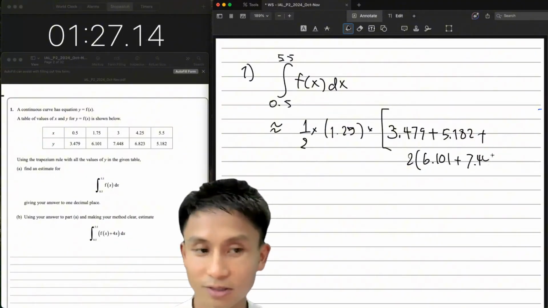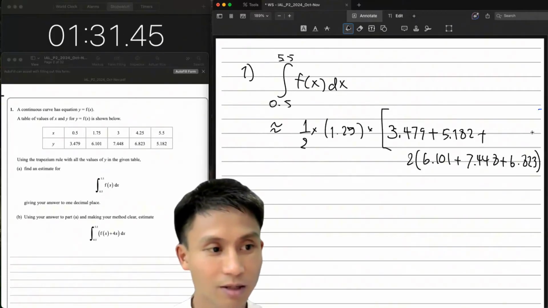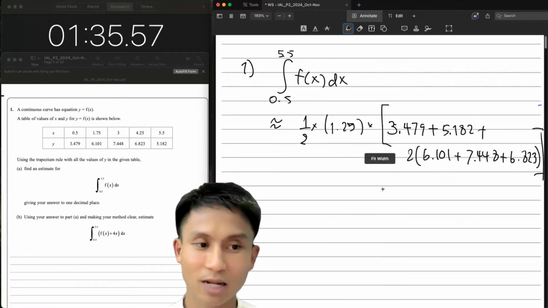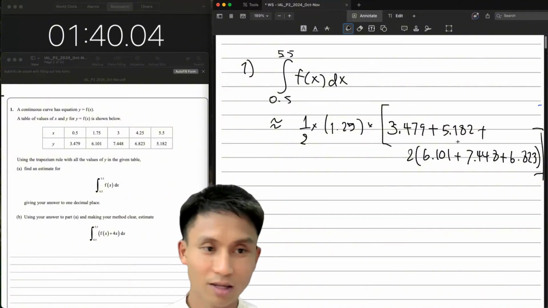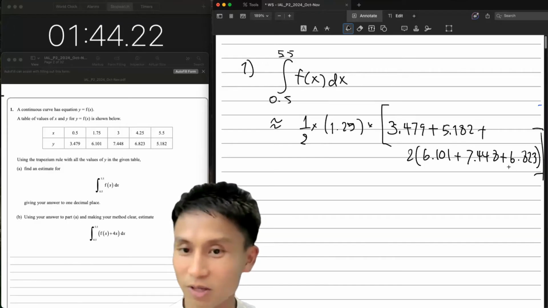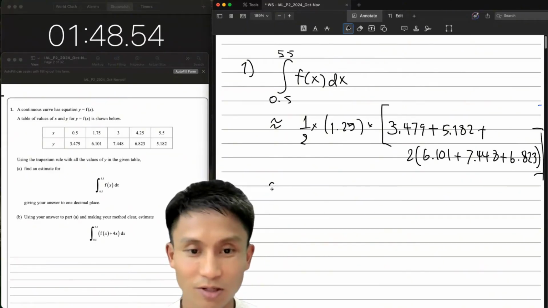So we add them up first, like that. And then that would be the area of the trapezium. I'm just writing quite large here. Okay, just checking if I get the numbers all correct here, because I've seen many people making that mistake, copying numbers incorrectly. All right, so that would be the estimate.